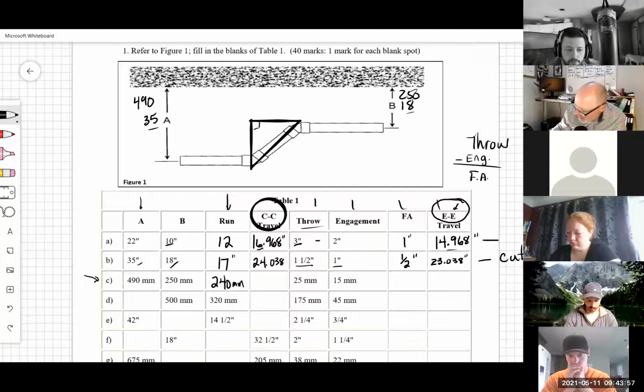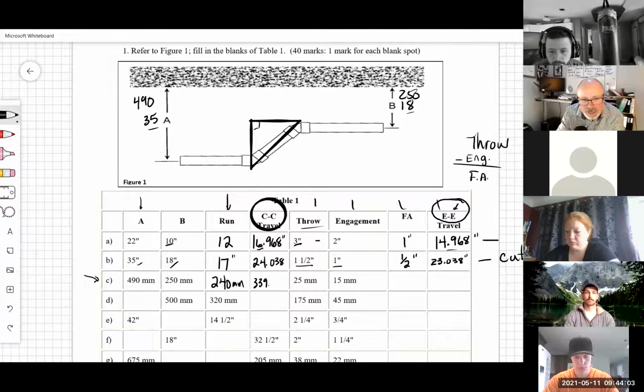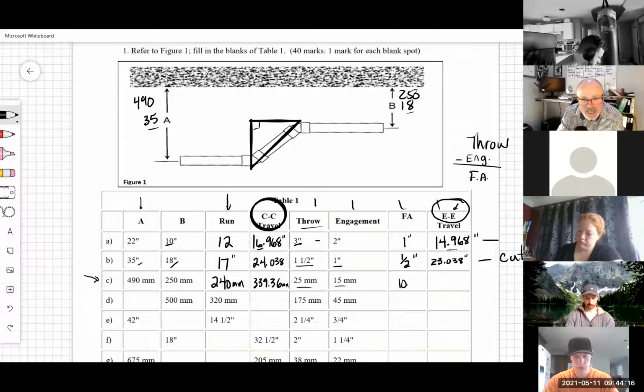And now my travel would equal 339.36 millimeters. Look at my throw here is 25. My engagement is 15. So my fitting allowance is 10 mils. I have to take 20 mils off of this. So this is going to be 319.36 millimeters.